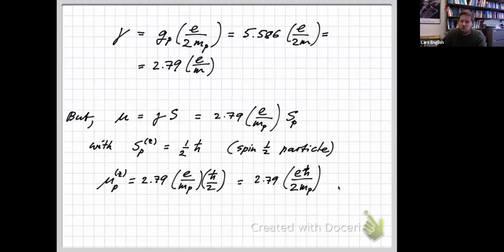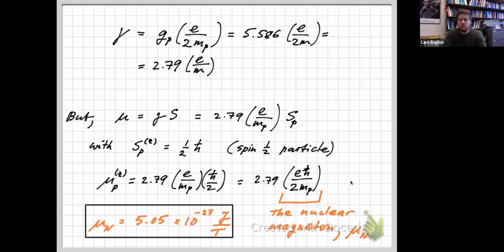This combination of constants is often referred to as the nuclear magneton, mu sub n. We can plug in all the individual constants to arrive at that one constant, and we get 5.05 times 10 to the negative 27th joules per Tesla. And so that is the nuclear magneton.